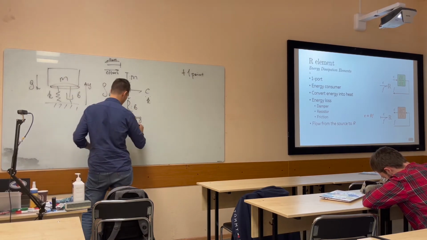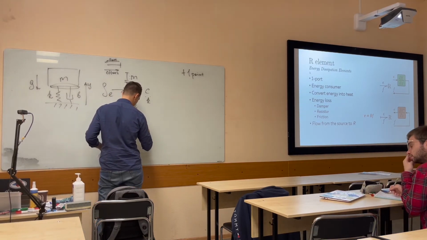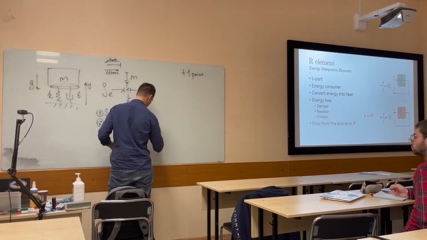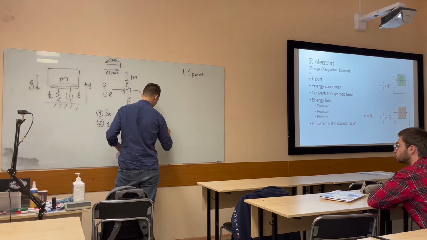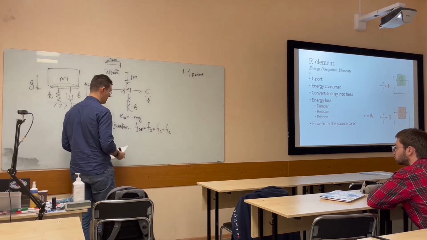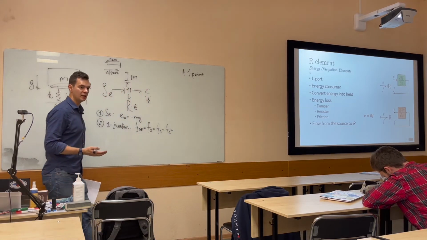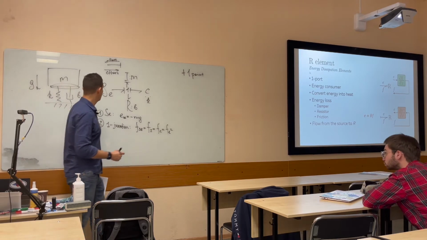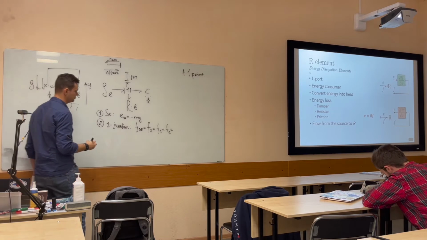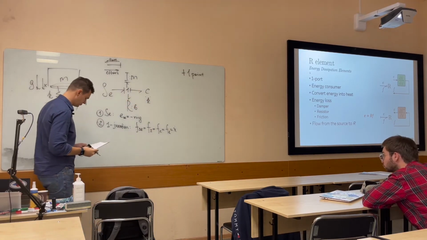So I will write down: flow of SE equals the flow of I element equals the flow of C element and flow of R element. We know that all of them are the same, and since it's a 1D mechanical system, it's velocity, and we have x here, so it will be x dot. It's our velocity.